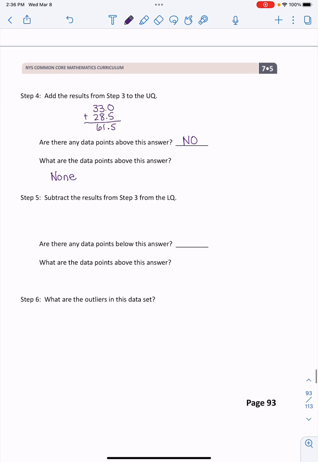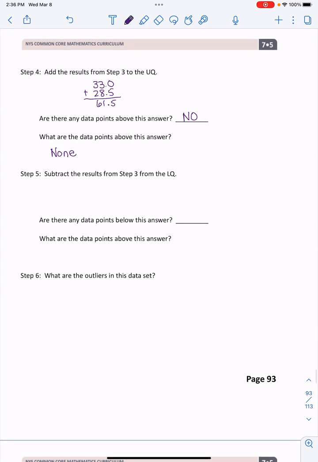It says, subtract the results from step 3 from the lower quartile. My lower quartile is 14. So when I subtract 28.5, I get, and I want to double check this on my calculator, negative 14.5.